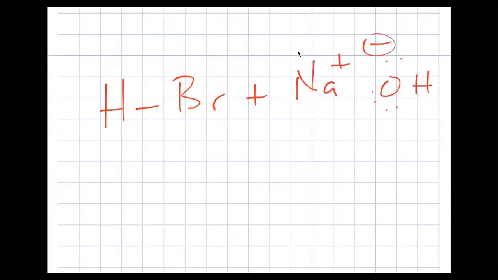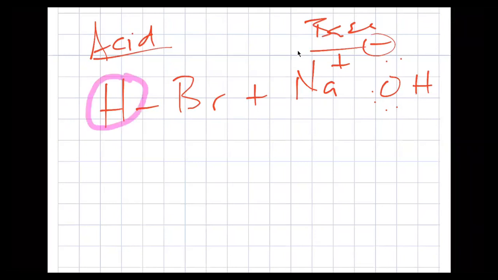So this is a really simple acid-base reaction. This is my acid, and this is my base. It's a Bronsted acid because it has an H plus that it can donate. And my base is a Bronsted base because it has a group on it that can accept H plus.